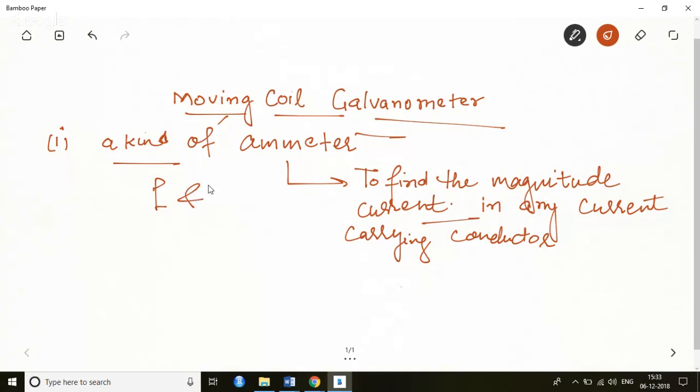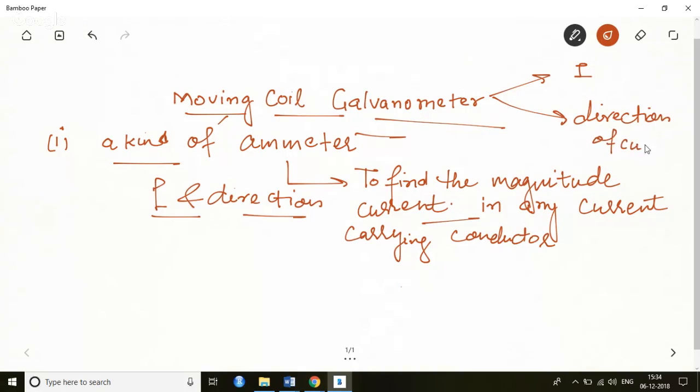So it will talk about I, and it will talk about the direction of the current. So first thing first, about moving coil galvanometer, it gives you two things: the magnitude of the current and the direction of the current.